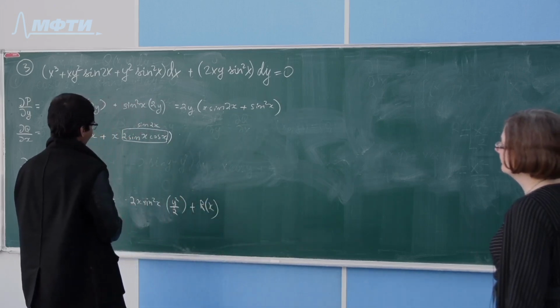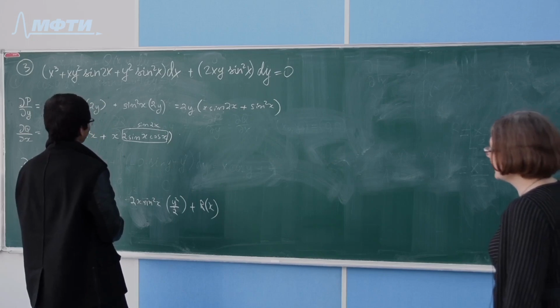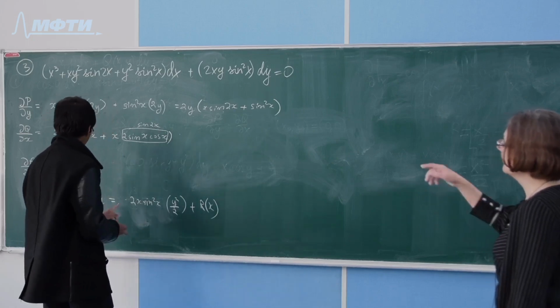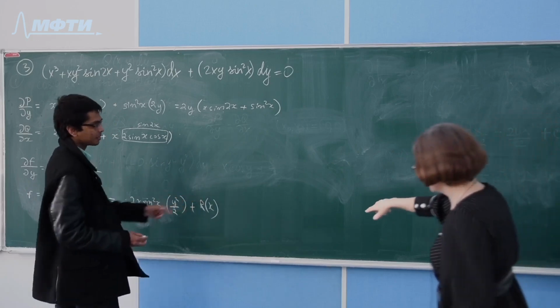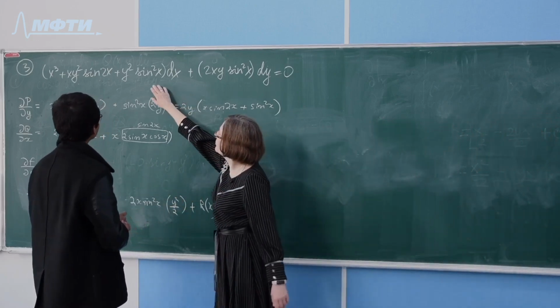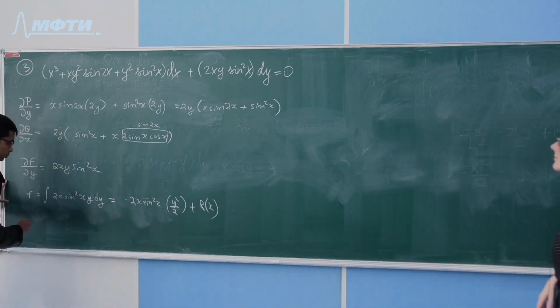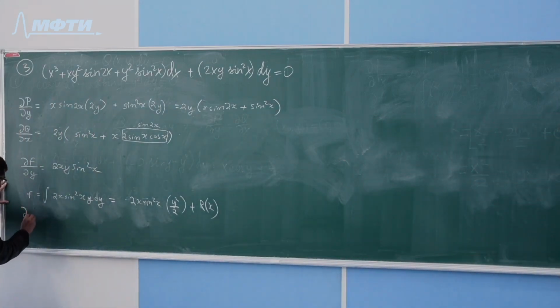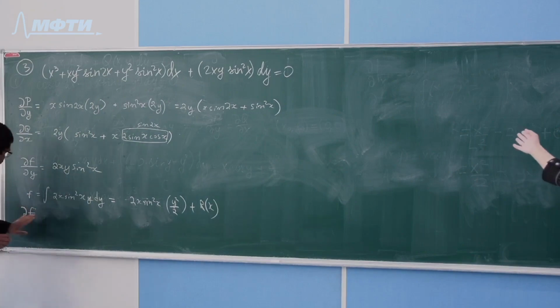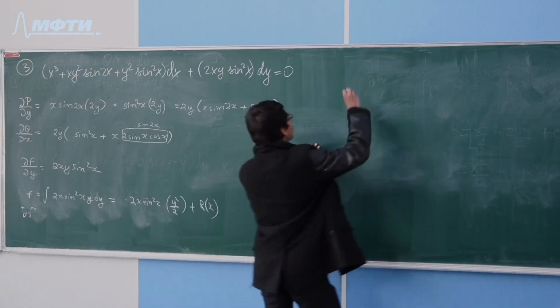Okay. Then differentiate this. Yes. So what I will do is differentiate and compare, right, differentiate this and equate to this expression. You may use this part of the blackboard, so it's empty.